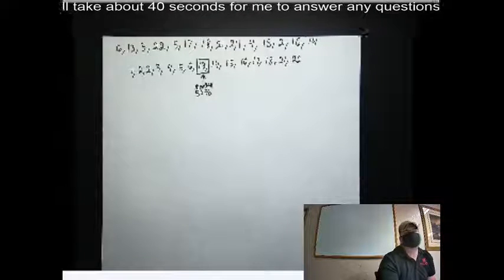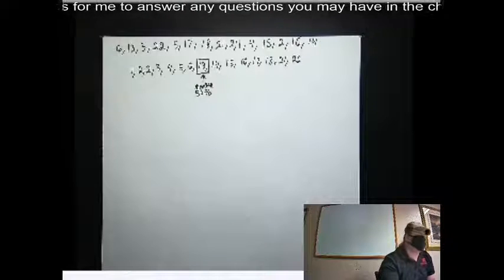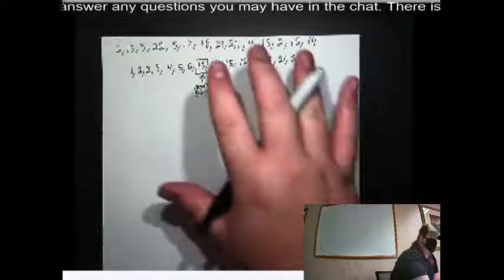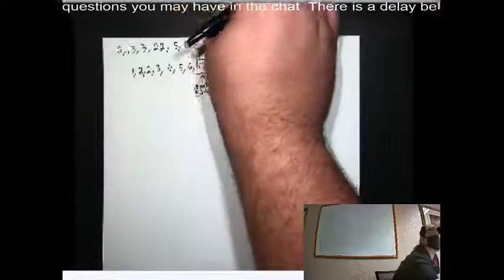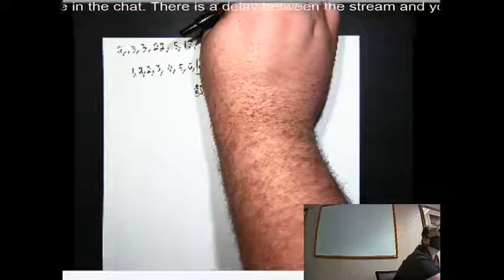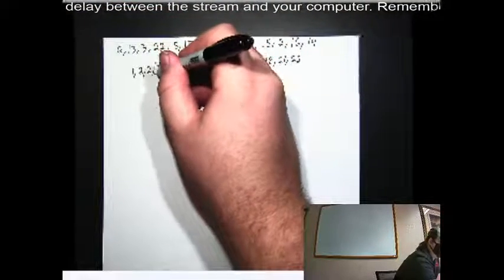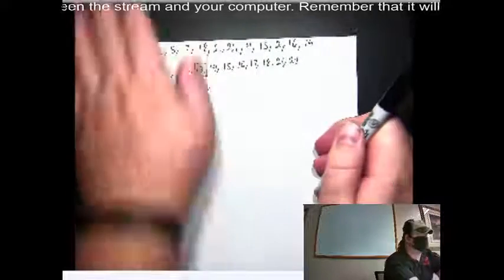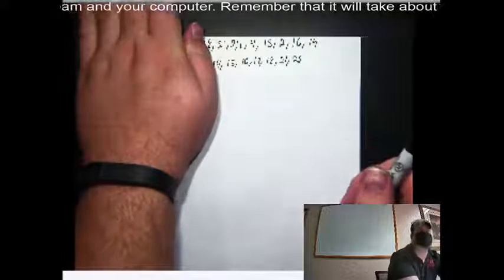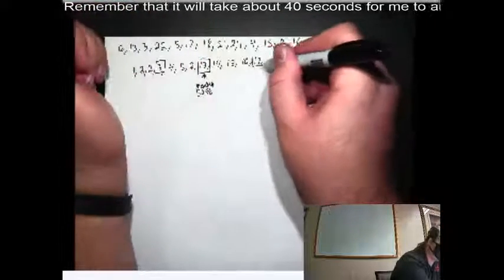Now, if we want to break this up into more percents, we can do basically the same thing we just did, just instead of looking at the whole data, we will look at just this side of the data and find the median there. So what's the median of this side? 3. Same thing on the other side. What's the median of this side? 17, yeah. Good.